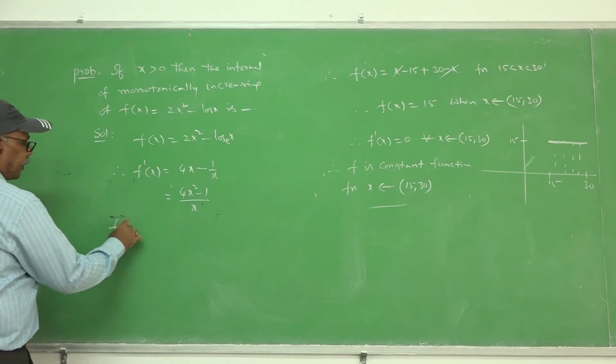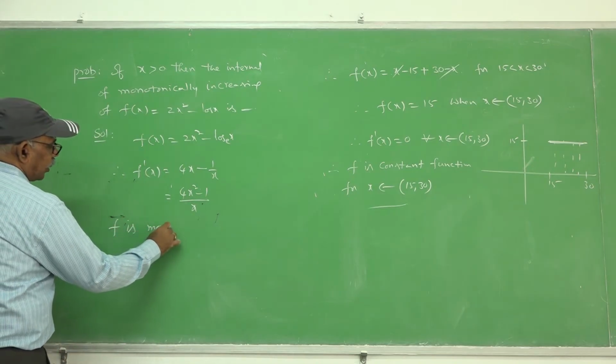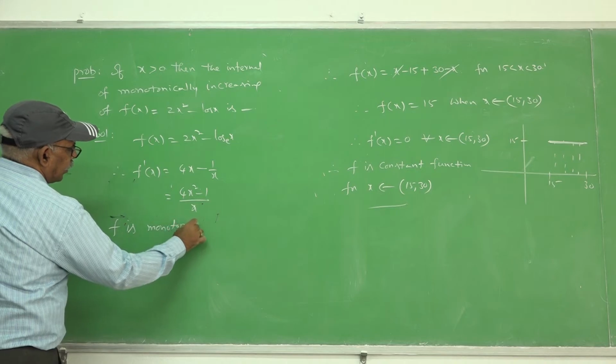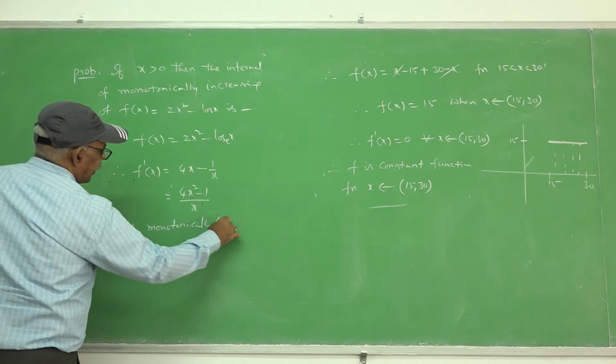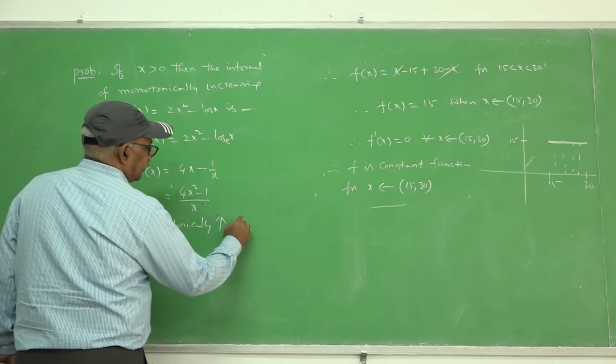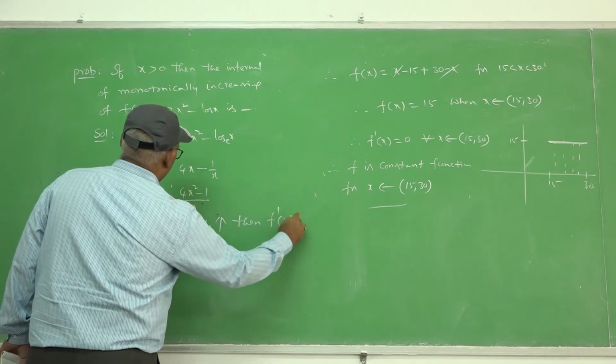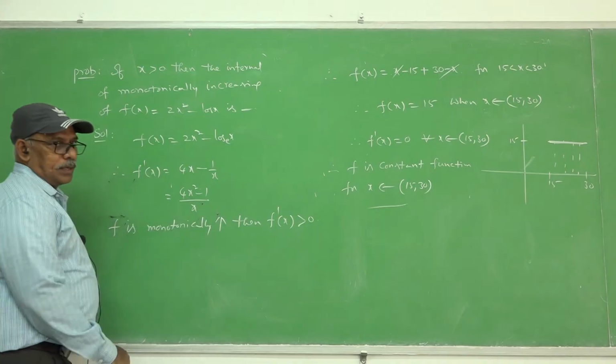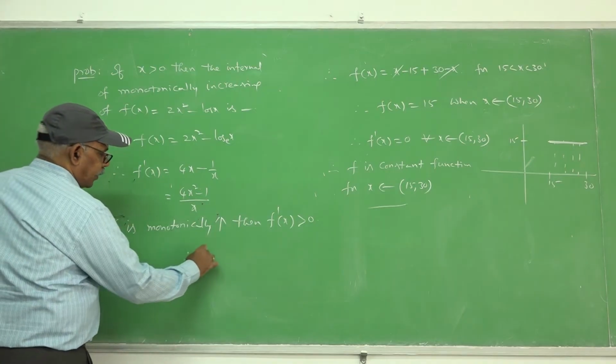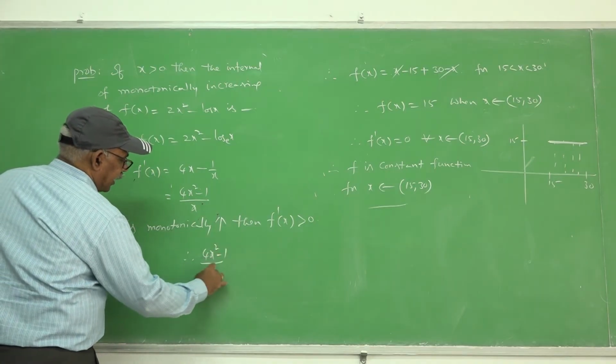If f is monotonically increasing, then f dash x is positive. Therefore, 4x square minus 1 by x is positive.